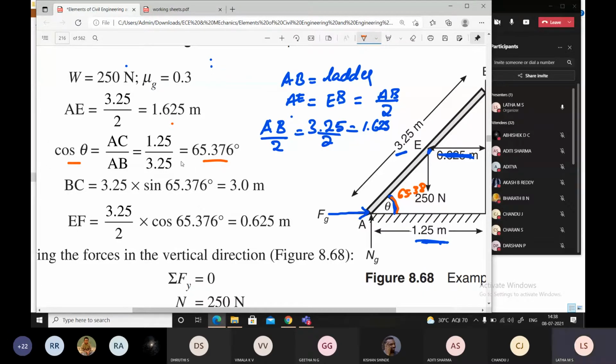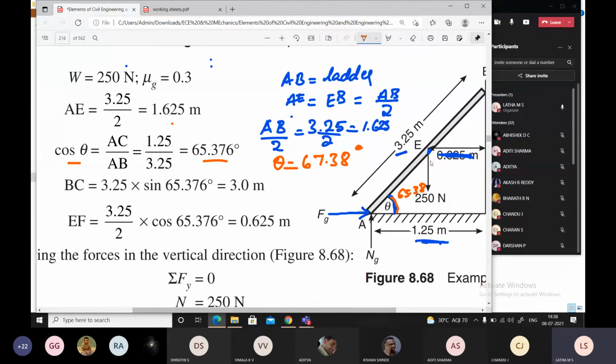What is the answer? Put it all in degrees only, students, not in radians. Now, what is the answer? You get theta value as 67.38 degrees. Okay, fine. No problem.